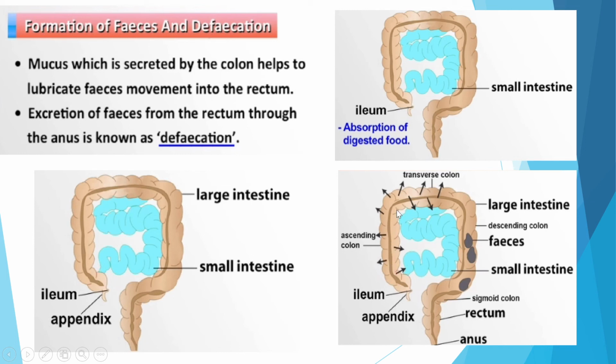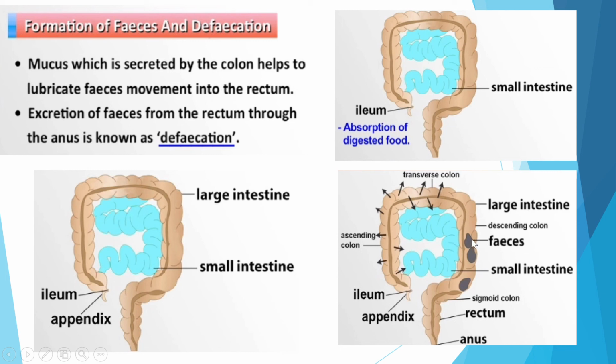As it moves along, more and more water is being absorbed back into the blood circulatory system, isn't it? So by the time it reaches here, it is already harder as compared to the initial part of the colon over here.